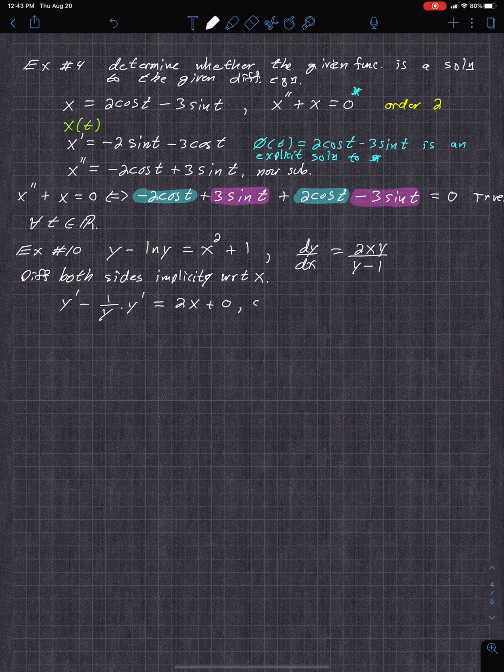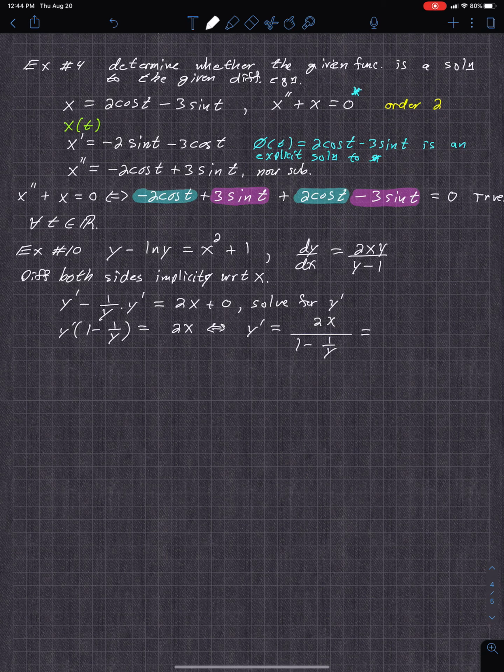Okay, so then from here, solve for y prime, because we can see here that this is actually solved for y prime. So factor out y prime: 1 minus 1 over y equal to 2x. So y prime is equal to 2x divided by 1 minus 1 over y.